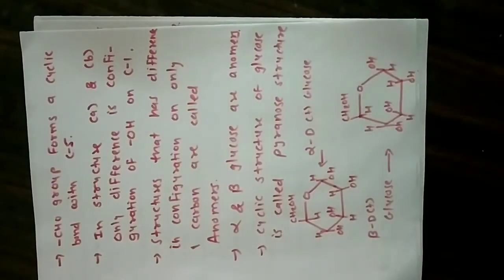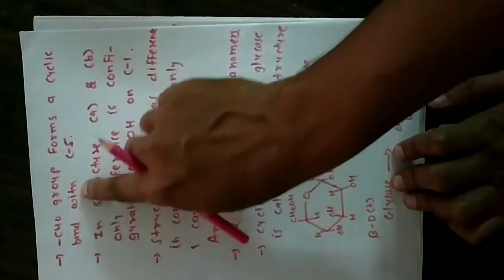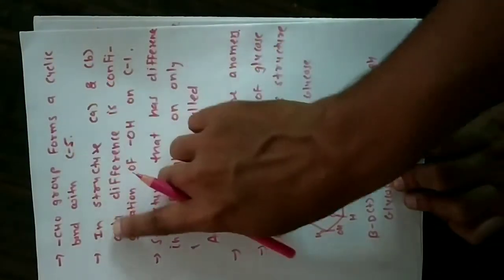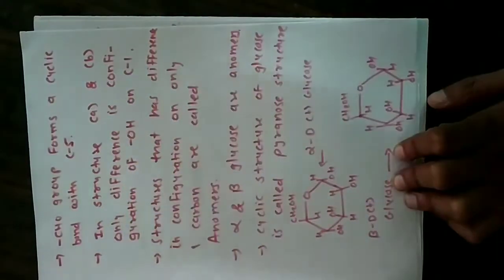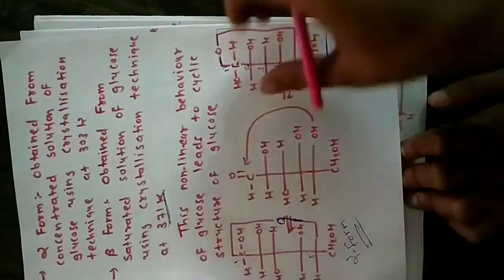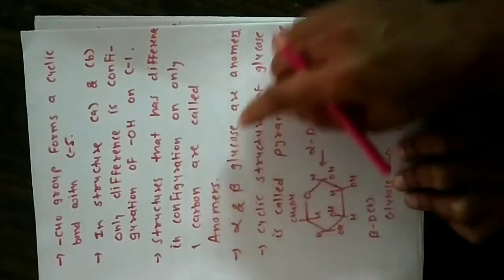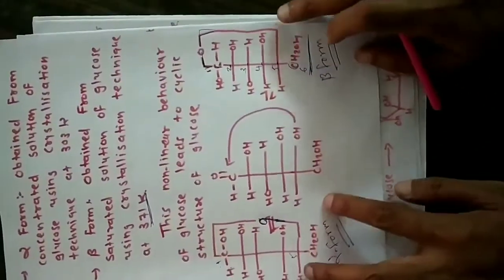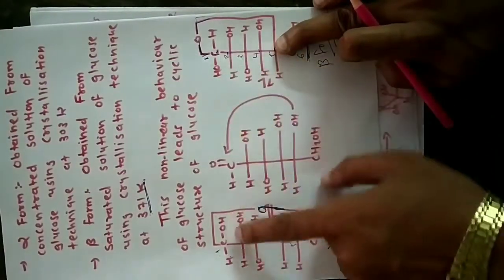Further, you can see the CHO group forms a cyclic bond with C5 in structure A and B. The only difference is the configuration of OH on carbon number 1. Here you can see in these two structures there is a configuration change on carbon number 1 only.